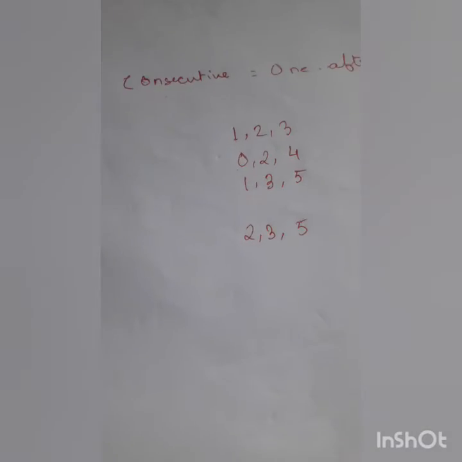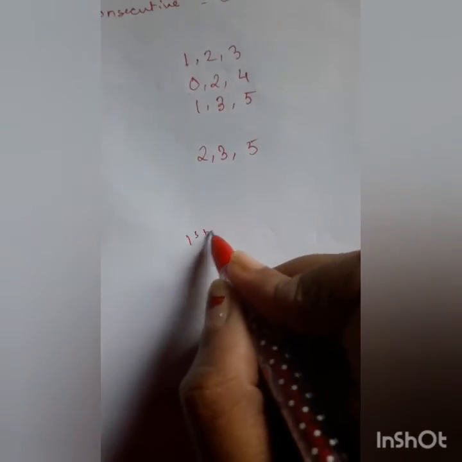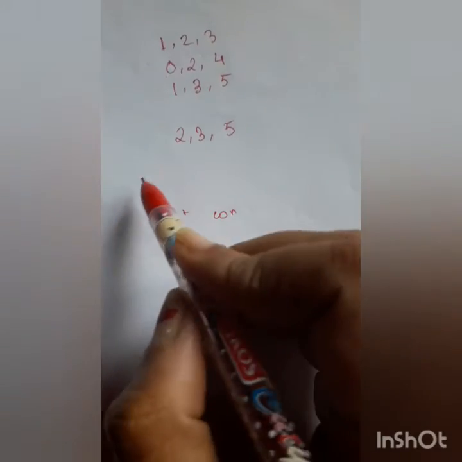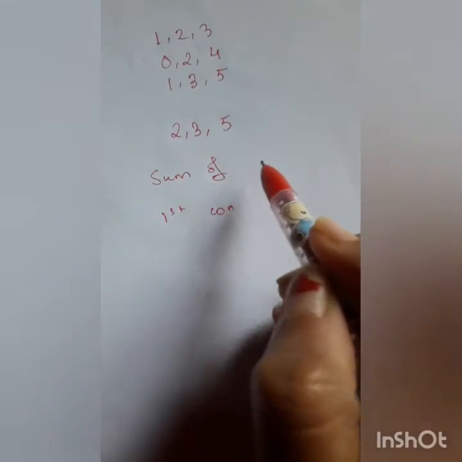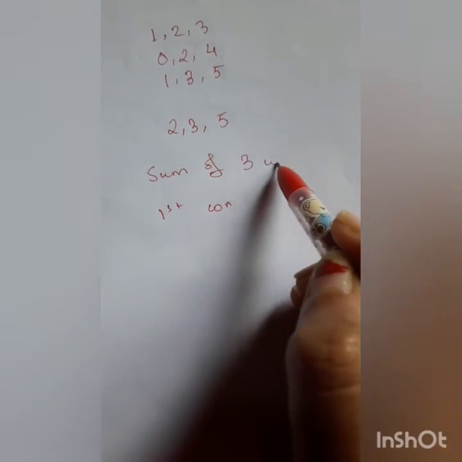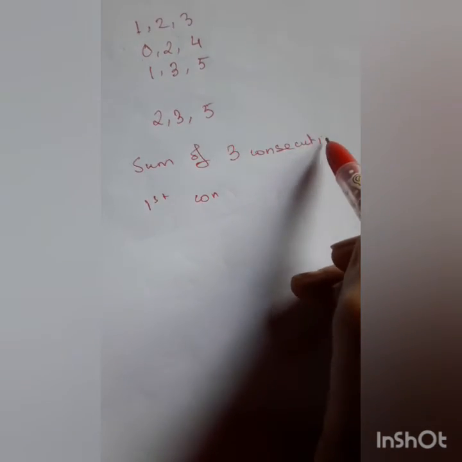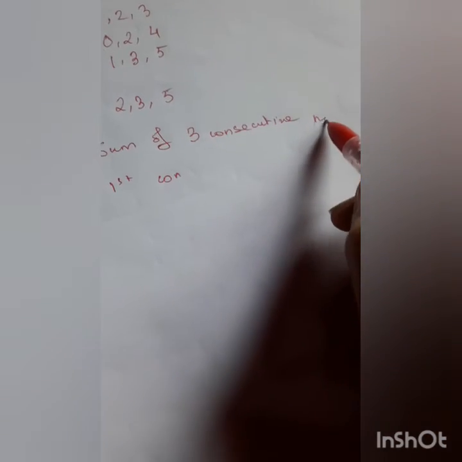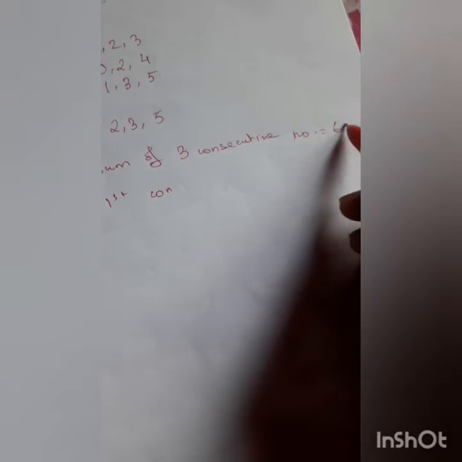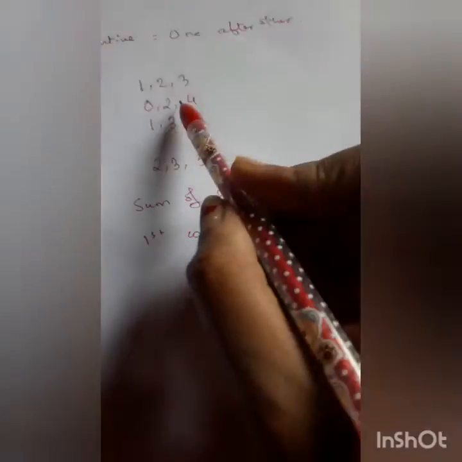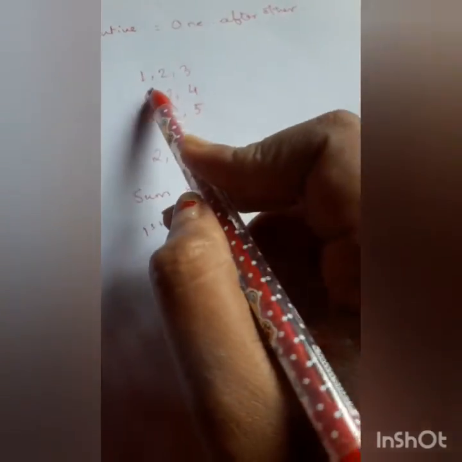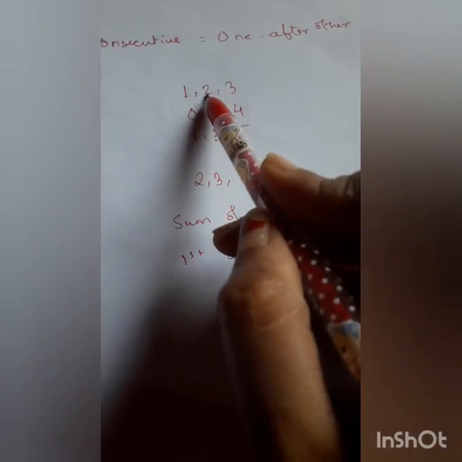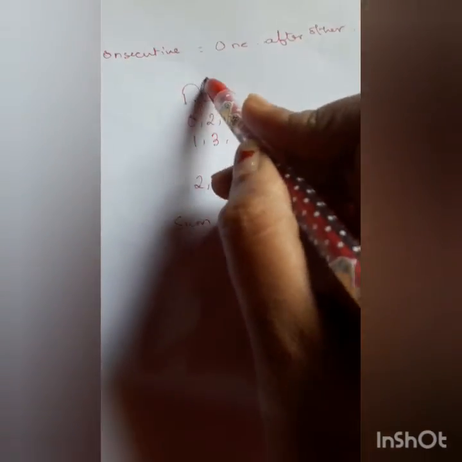Now suppose they have asked me that the sum of 3 consecutive numbers, only consecutive, is, suppose they have said, 65. Now see, when the point is only consecutive, then one after the other, look at the gapping. The gapping is 1.